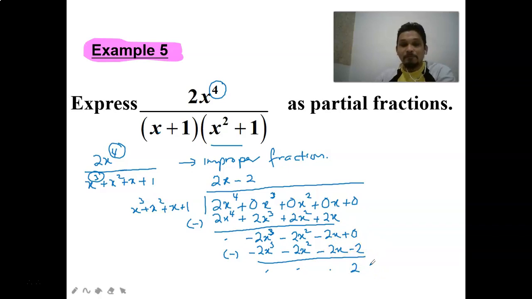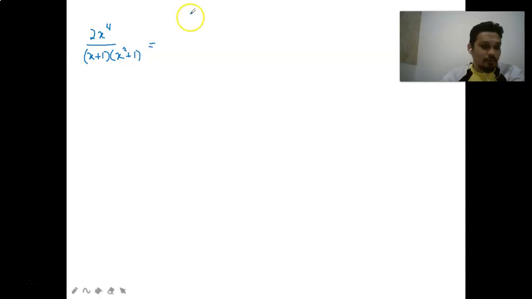Okay, so now, from here we come up with 2x to the power of 4 divided by x plus 1 and x squared plus 1 equal to 2x minus 2.